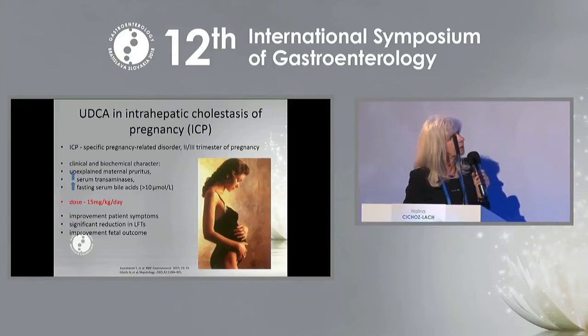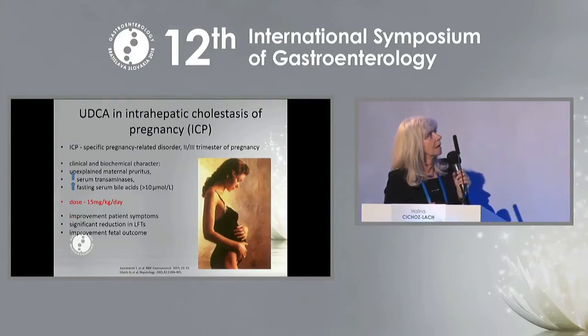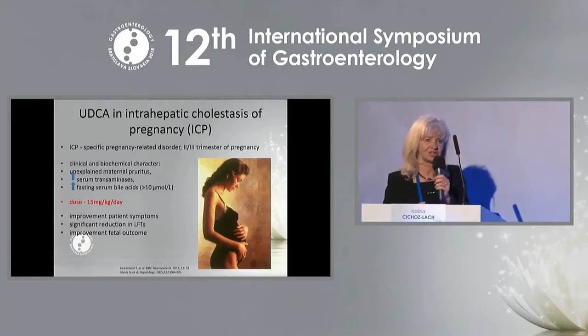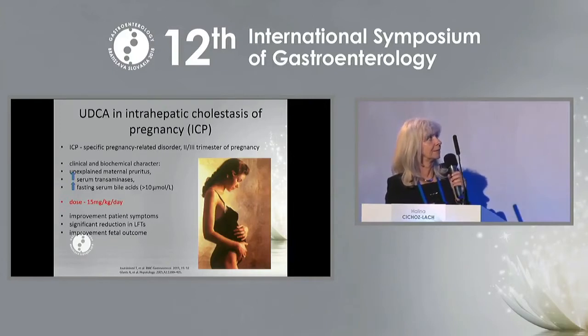And intrahepatic cholestasis of pregnancy is a specific pregnancy-related disorder occurring in the late second and third trimester of pregnancy. Clinical and biochemical characteristics of this disease include unexplained maternal pruritus, elevated serum transaminases and elevated level of fasting serum bile acids in previously healthy pregnant women.